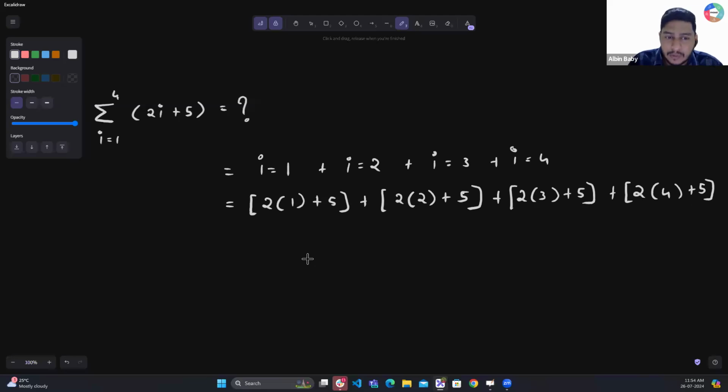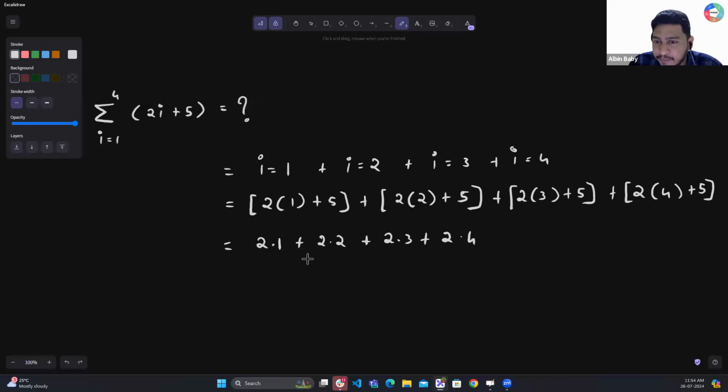Okay. So how can I expand this further? Yes, I can take 5 common, right? So I can do it like this: 2 times 1 plus 2 times 2 plus 2 times 3 plus 2 times 4 plus, how many 5s are there?